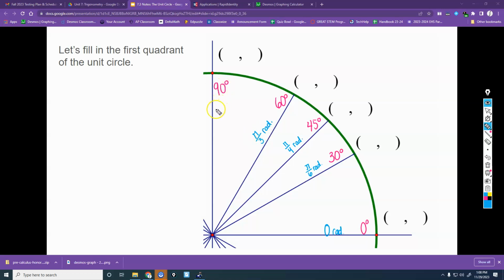And then 90 degrees is pi over 2 radians.